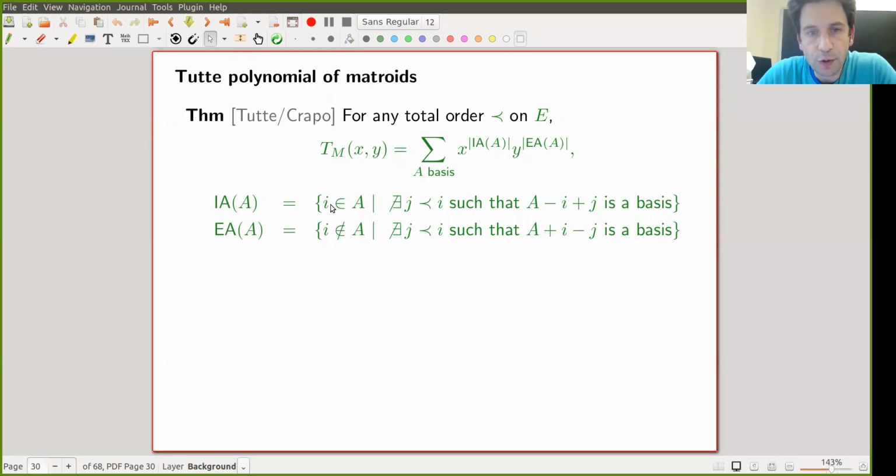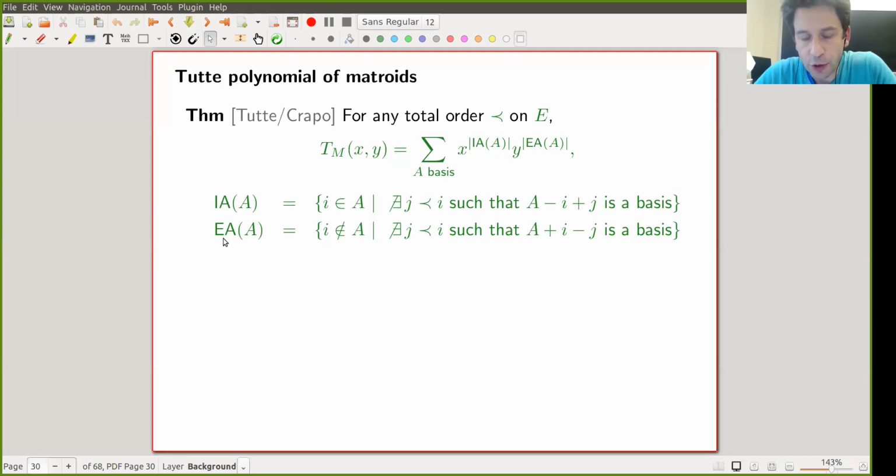I'm going to say that an element i of the basis is internally active, it's in this set, if it cannot be replaced by a smaller element, meaning you cannot delete i and add back a smaller j and get a basis. In that case, we say that i is internally active, we put it in that set.